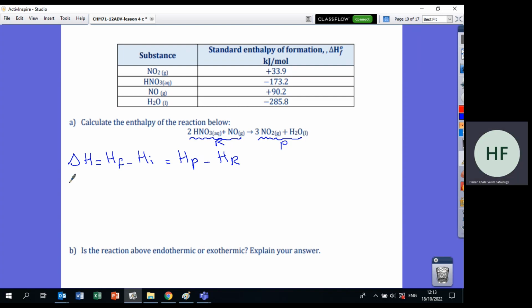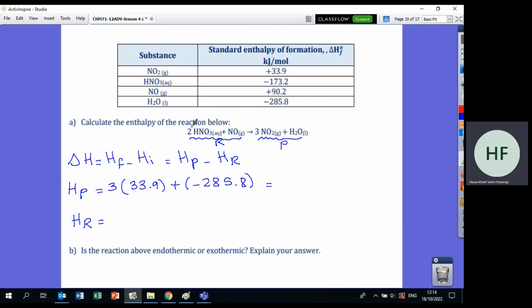Okay, let's start with the heat of products, and then the heat of reactants. Heat of products, where are the products? Here, 3NO2 plus H2O. Be careful, NO2 should be multiplied by 3, so I will say 3 times 33.9, now plus H2O, which is minus 285.8.